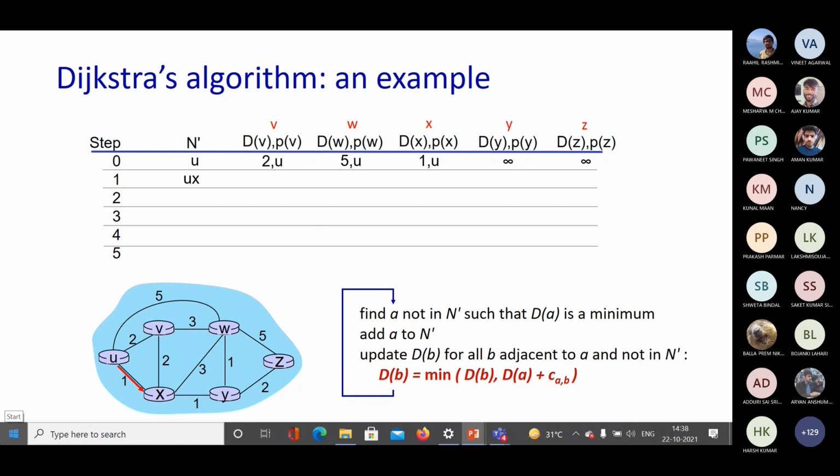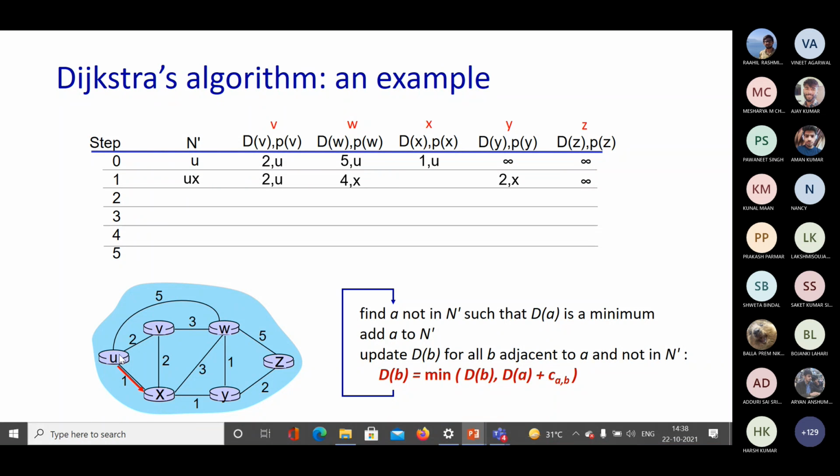Now let's get to the next part. So you have gone from U to X. Now if you want to go to V, what is the minimum cost that you will get?